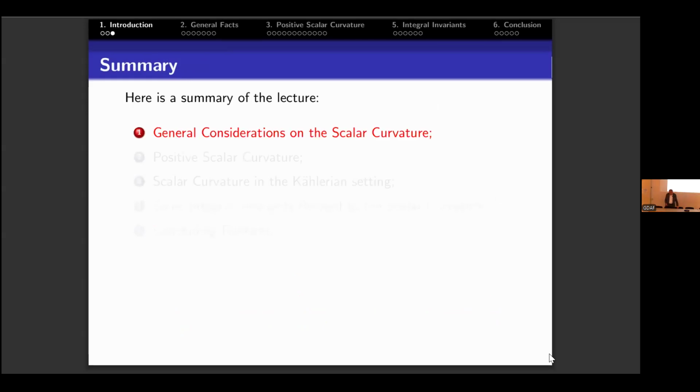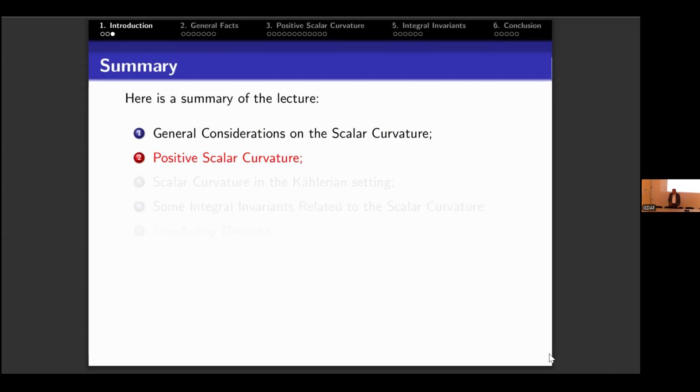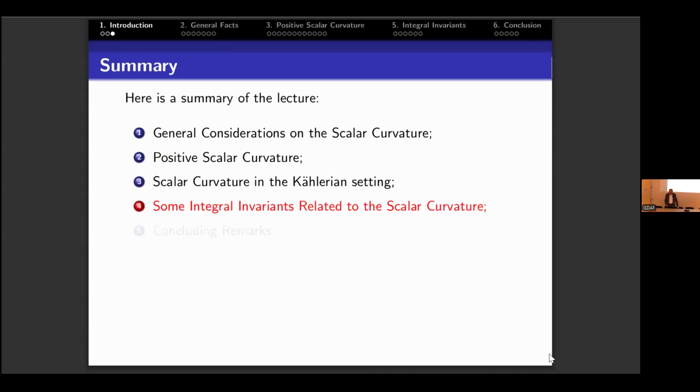I want to explain general considerations of scalar curvature, then explain why positive scalar curvature is different from negative scalar curvature, which should not be the case, since the first time you think about it, you don't see any difference between the two. I will remind you that in the Kählerian setting, which I will define, scalar curvature plays a very specific role.